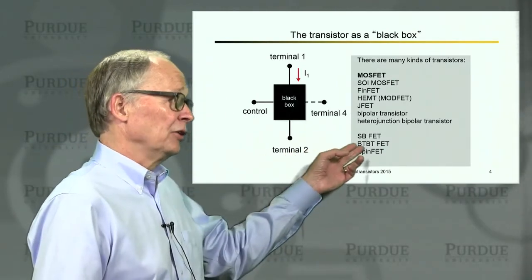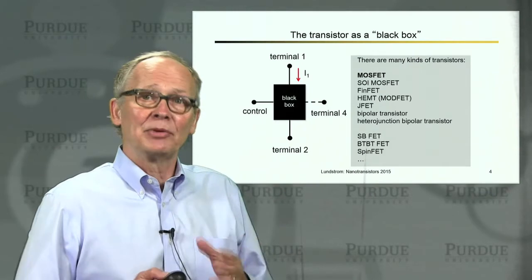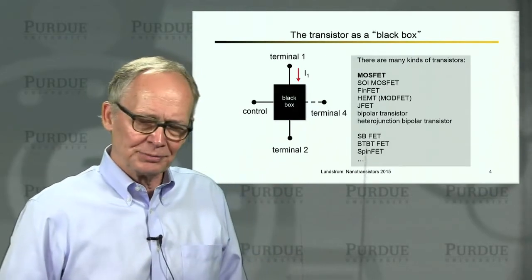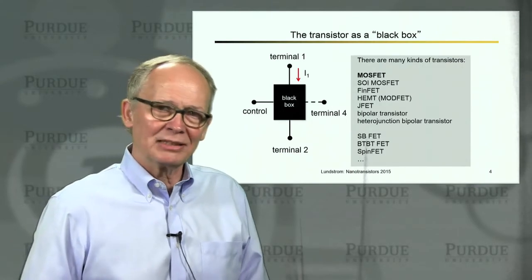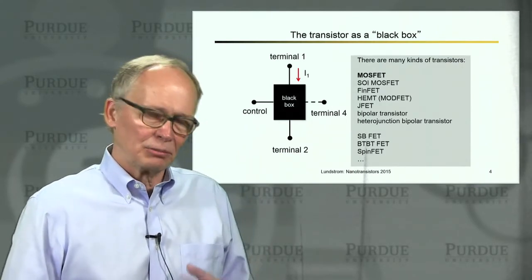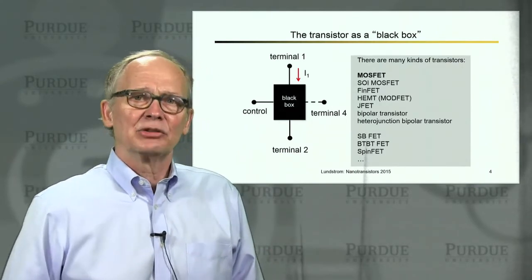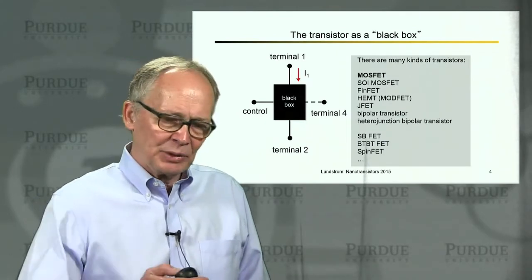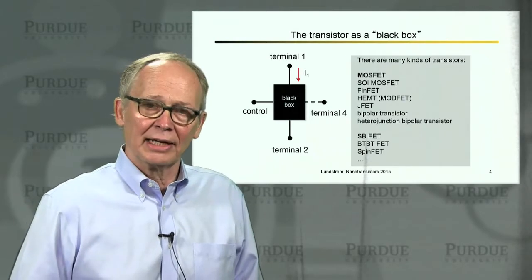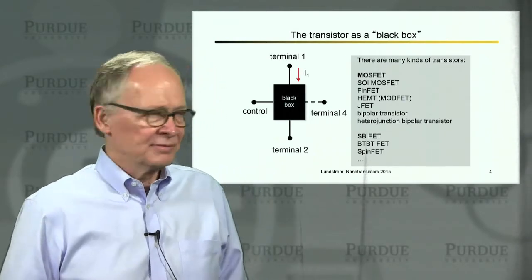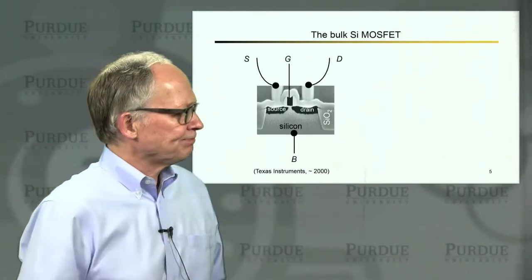There are a lot of other kinds of transistors that operate on different physical principles. Mostly these are being explored in research as possible replacements for silicon or possible complements to traditional transistors as we continue to evolve transistor technology. Our focus will be on the first class of devices.